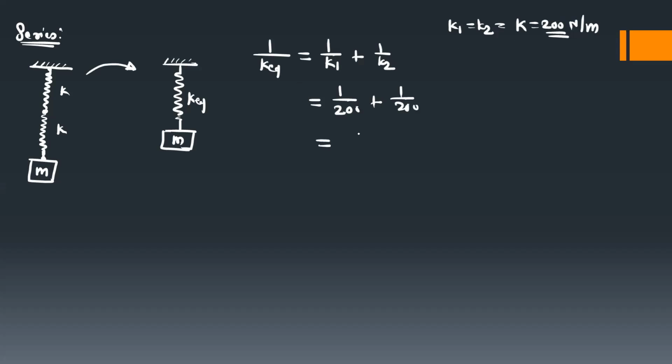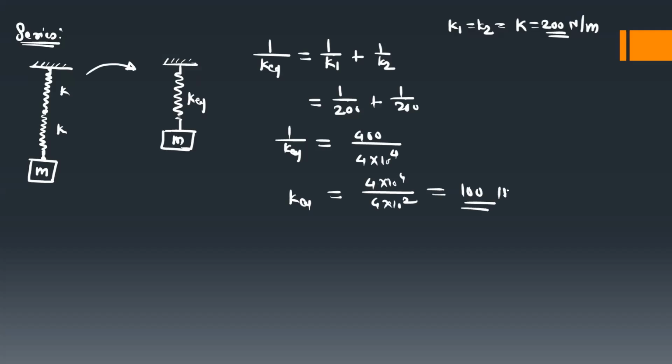Okay. So this will become 400 upon 4 into 10 to the power 4. This is 1 upon K equivalent. And this, take the inverse. So it will become 4 into 10 to the power 4 upon 4 into 10 to the power 2. Okay. So this is 100. So this is 100 Newton per meter. So this stiffness is 100 Newton per meter for the series arrangement.